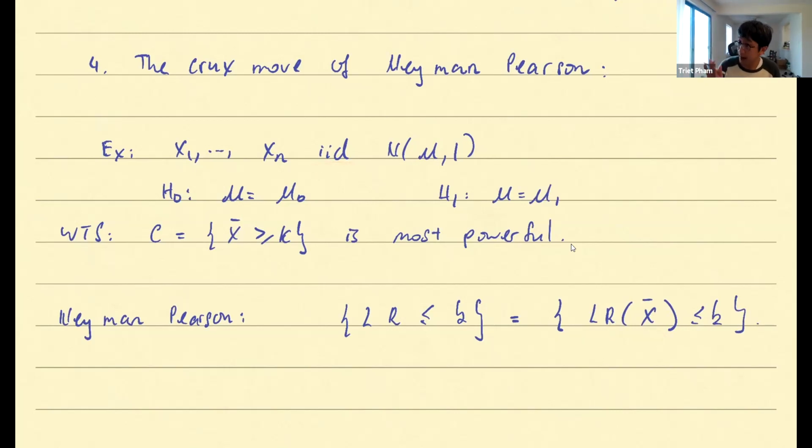So your task, first of all, is somehow to see that the X bar shows up in your likelihood ratio after your simplification. That's the first task. That's the first signpost. One to show. That's the goal.